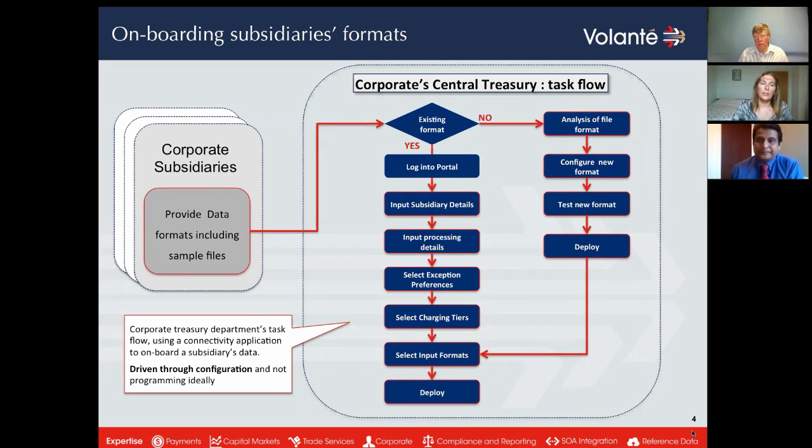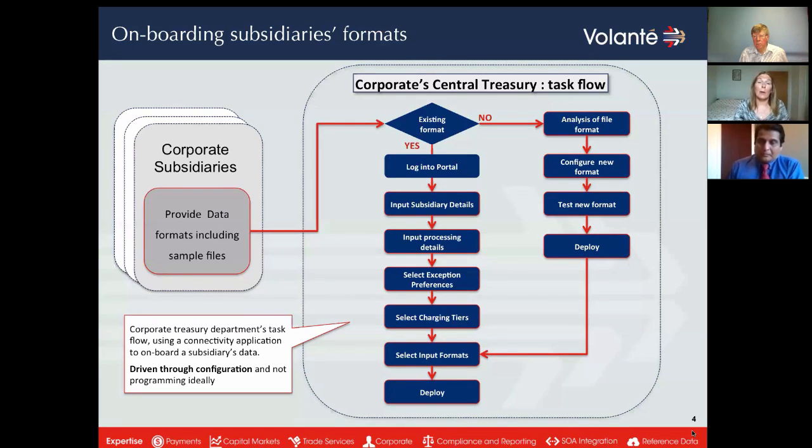Yeah, and it's also useful that when you have a project to onboard a lot of subsidiaries, and let's say through mergers and acquisitions you acquire new subsidiaries, you can actually add them in. So you've got a view of which subsidiaries have been transitioned and are wholly relying on you as a centralized function, which ones are in process, which ones are in a queue waiting to be taken on board.